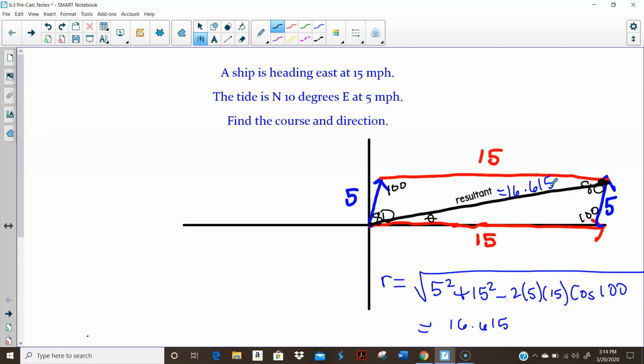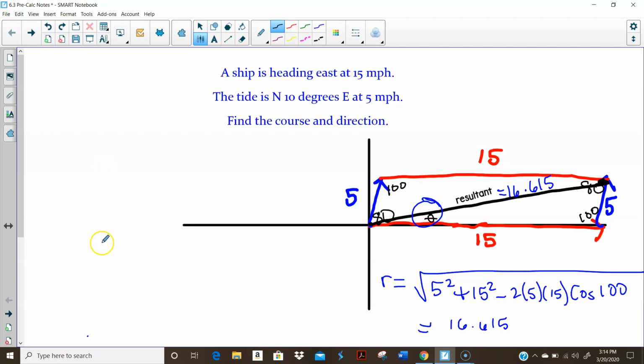All right, the next thing we need to do is figure out where the ship actually is. So to figure out where the ship is, we're looking for theta. So here's theta right here. In order to find that angle, we're going to use the law of sines. And do you notice that we have the opposite side, which is 5?